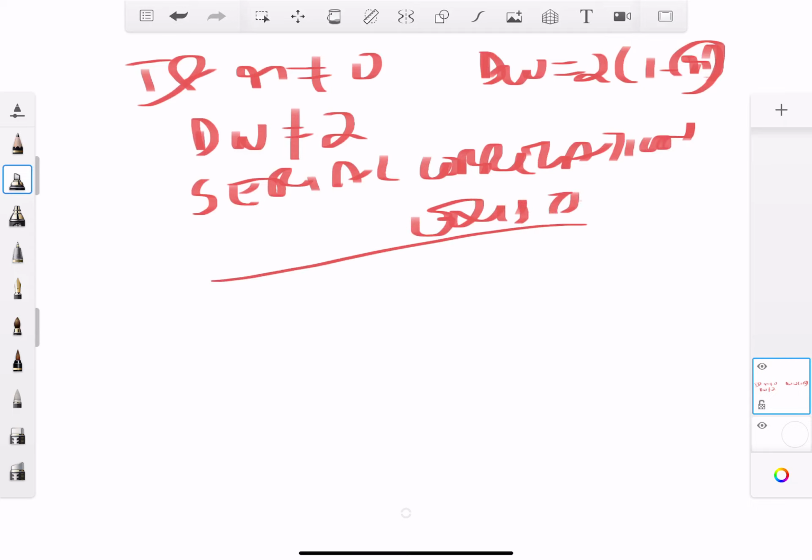If serial correlation does exist, we cannot really go and use the model. If we cannot use the model, then what are we going to do? We have to use something called an autoregressive model.